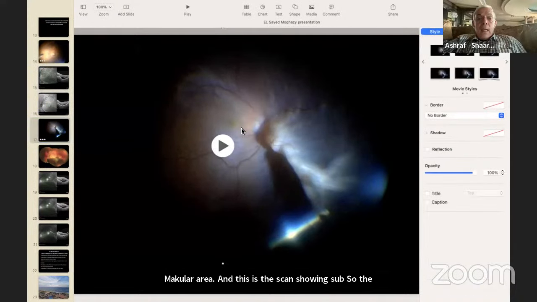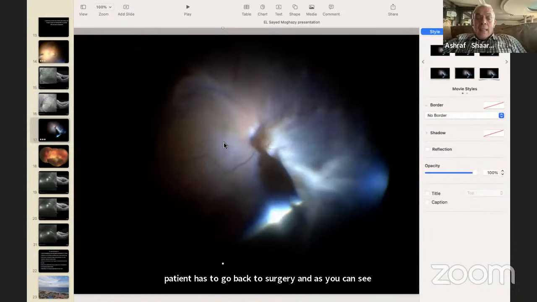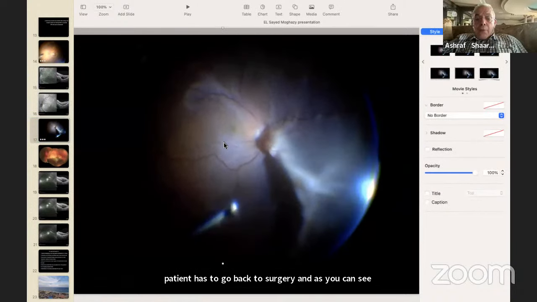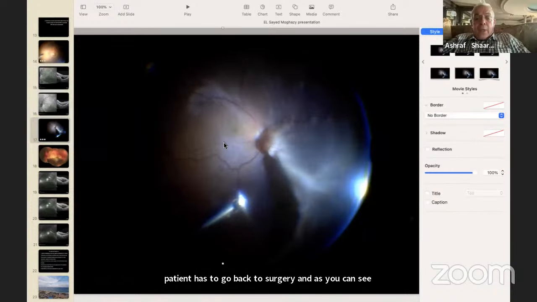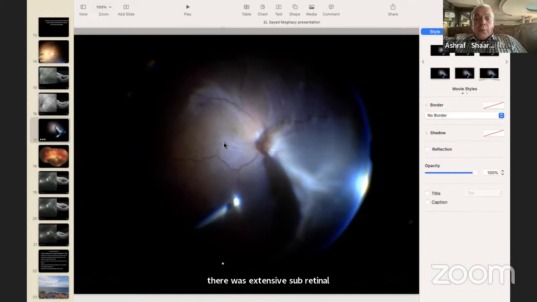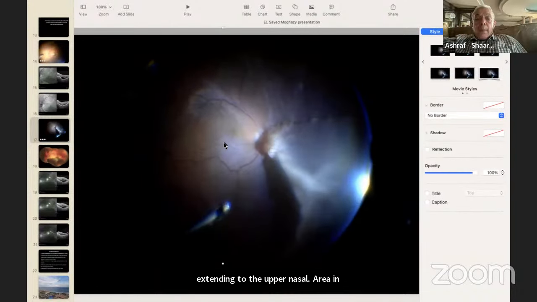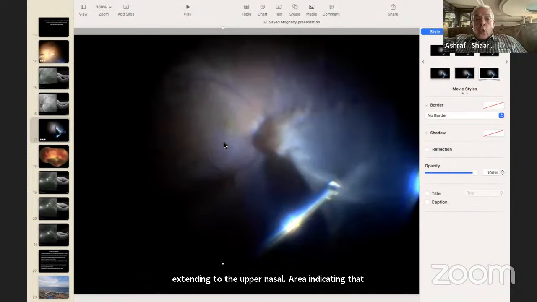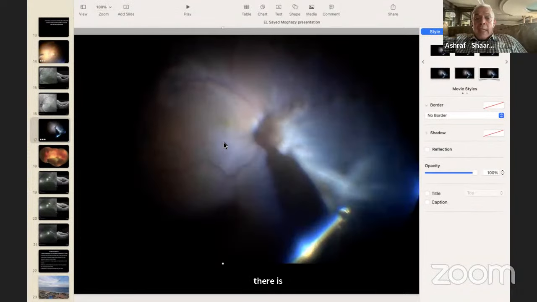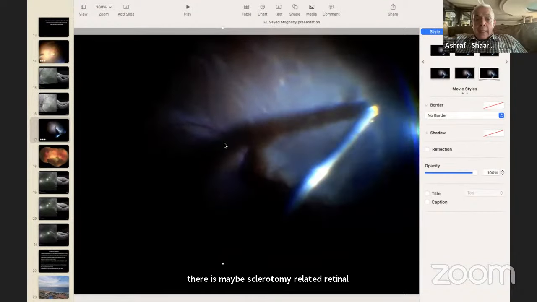And as you can see, there was extensive subretinal proliferation with the fold extending to the upper nasal area, indicating that there is maybe a sclerotomy-related retinal break in the upper nasal area.